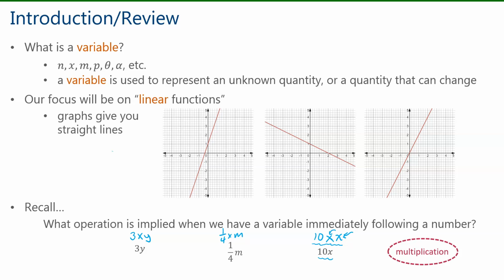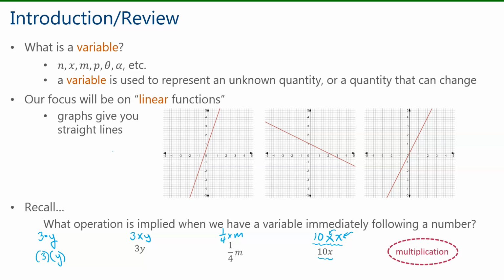There are a couple of other ways that multiplication can be represented that are worth mentioning. There's the multiplication dot, so I could go 3 times y. Somewhat hesitant to use that one because it sometimes gets confused with the decimal point. The use of brackets is a possibility. This one I like using, so I could go 3 in a bracket, y in a bracket.